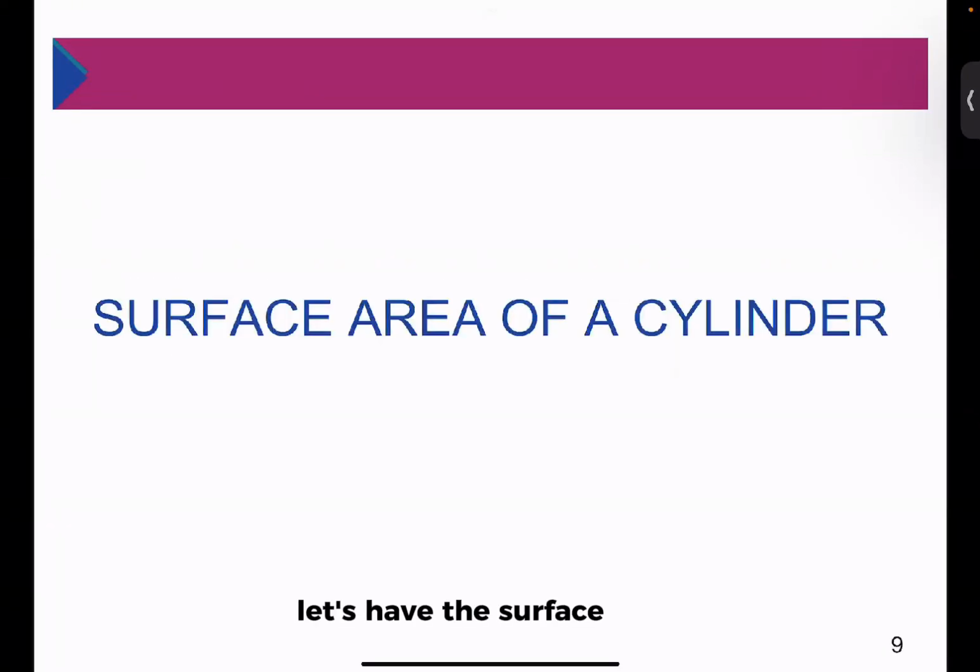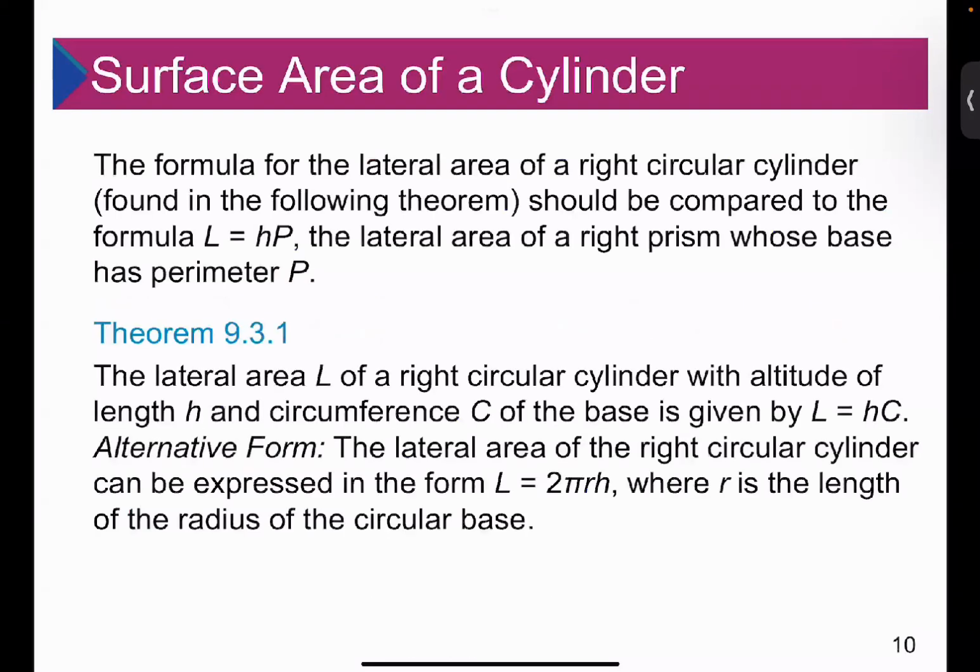Let's look at the surface area of a cylinder. The formula for the lateral area of a right circular cylinder found in the following theorem should be compared to the formula for the lateral area L of a right prism whose base has a perimeter P, which is L equal to the height h times the perimeter.